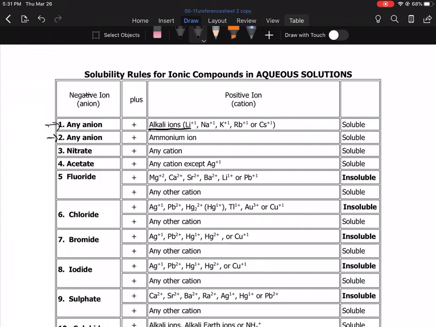Same thing with ammonium. Anything plus ammonium is soluble. Ammonium is the only polyatomic ion that is positive for now. And anything with nitrate is also going to be soluble. Acetate is a polyatomic ion that is on the back of your periodic table.